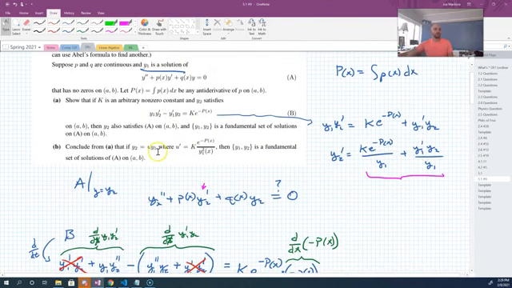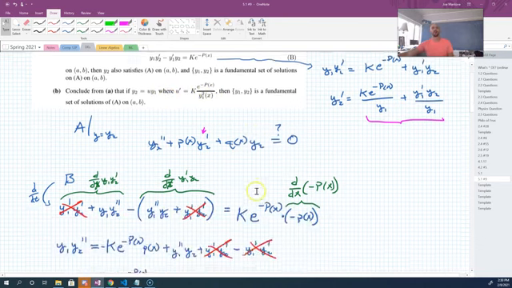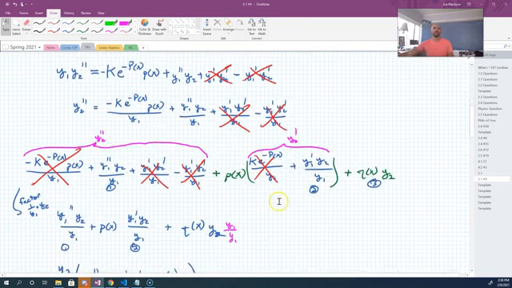And then we conclude from part A that this is just solving this as a first order linear non-homogeneous differential equation using variation of parameters. You guys also got that. I think most of the trick is just in this algebra here.